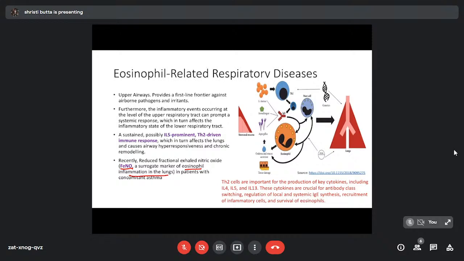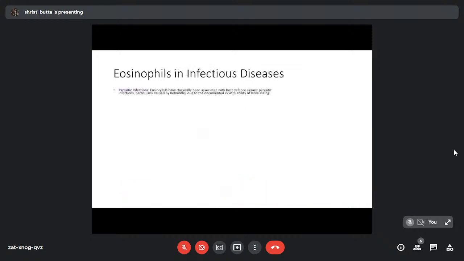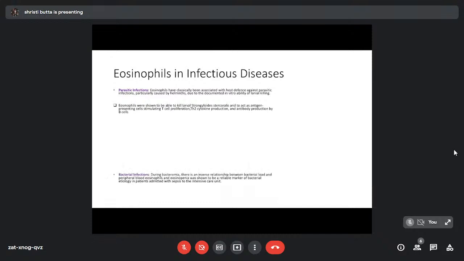Now, eosinophils in infectious diseases. All know that eosinophils have been implicated in parasitic infections like helminths. Eosinophils were shown to be able to kill larval Strongyloides stercoralis and can act as antigen-presenting cells, stimulating T cell proliferation, T helper 2 cytokine production, and antibody production by B cells.